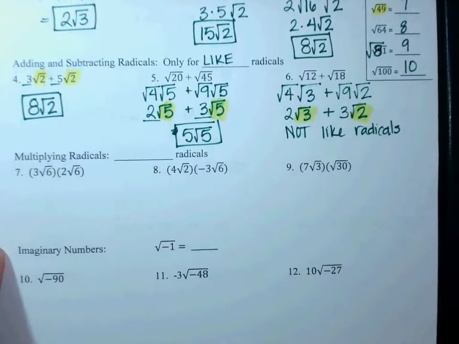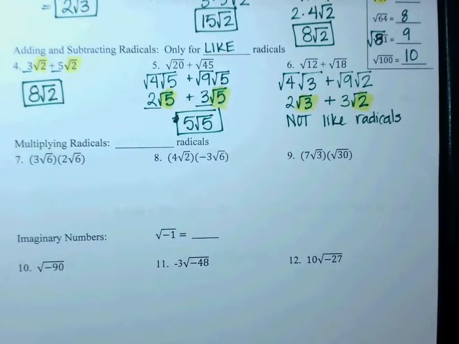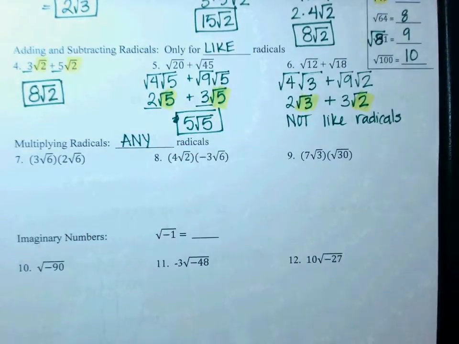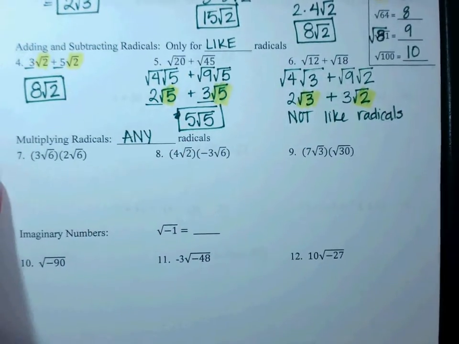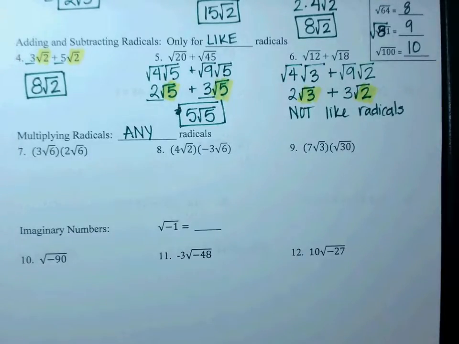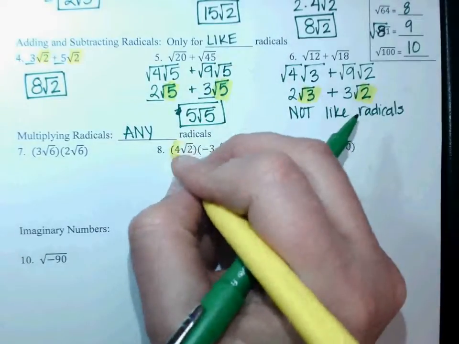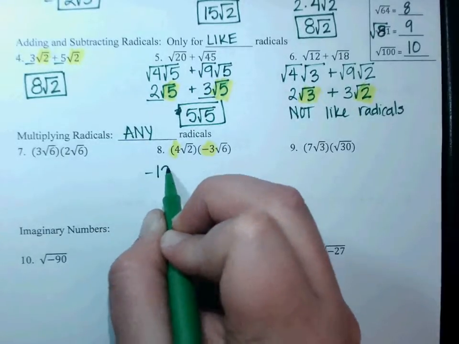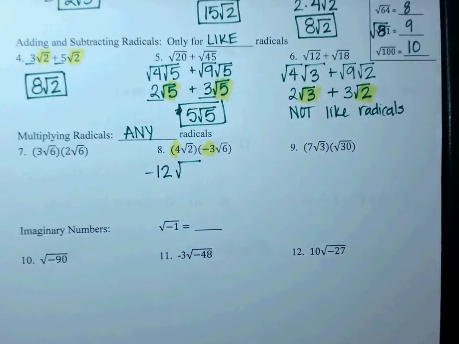Alright, the next thing that you are allowed to do is to multiply radicals, and you can do this with any radical. Okay? So we are going to skip number 7, we're going to go to number 8. When you are multiplying square roots, you need to multiply the outside numbers together and the inside numbers together. So look at my outside numbers. What is 4 times negative 3? Negative 12 in the front. Square root. Then I'm going to take the numbers in the middle and multiply them together.